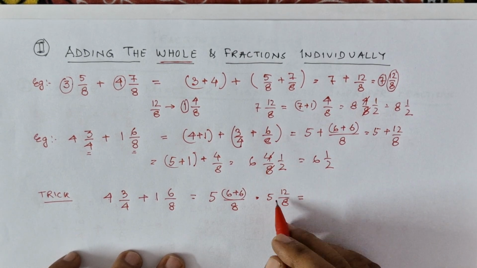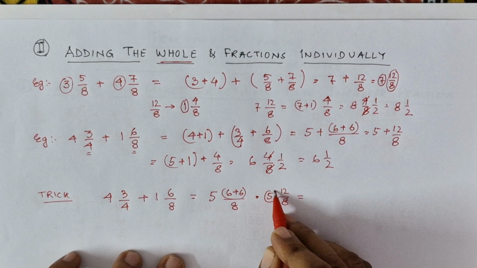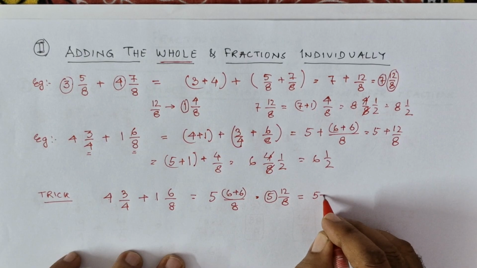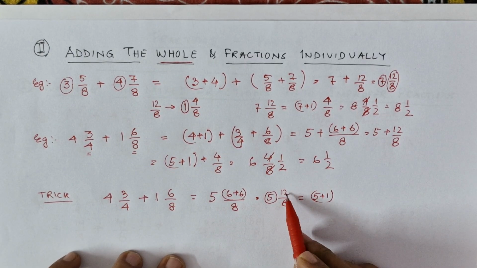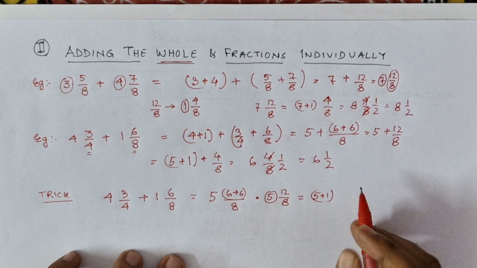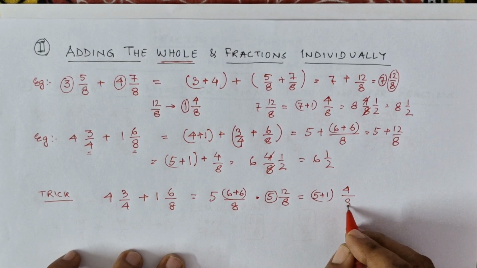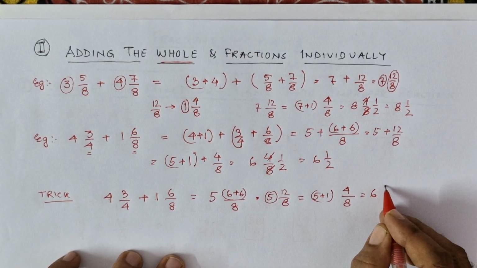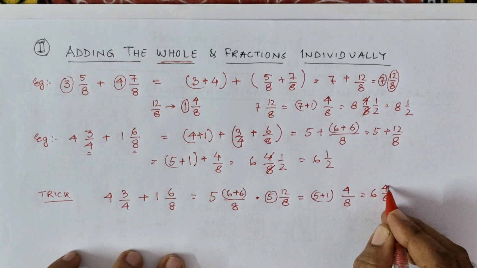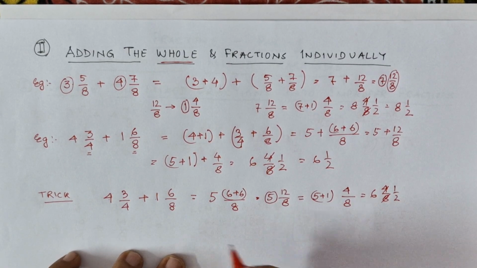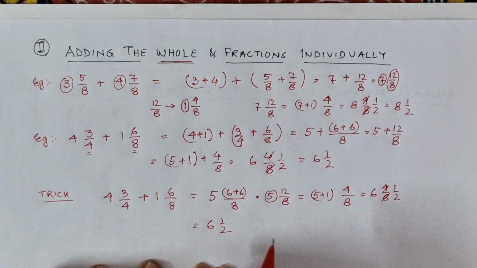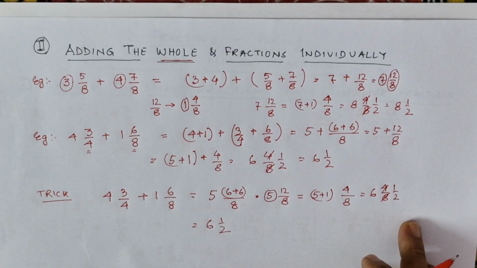So add 1 with 5. So 5 plus 1, you subtract 8 from 12, that will be your numerator 4, and keep the denominator the same. So this one will be 6 4 by 8. Now you simplify to a half, so 6.5. So in one line you will be able to solve the addition.